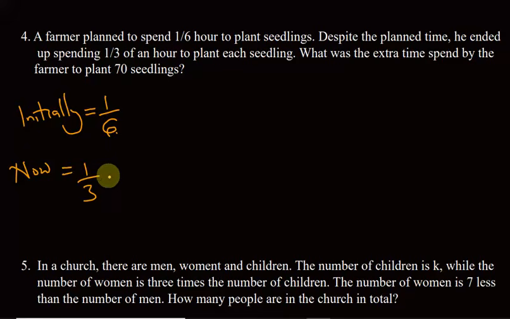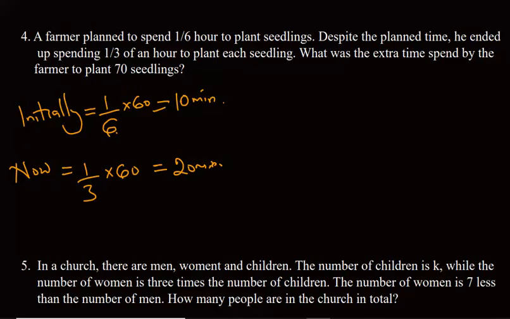Which is bigger between these two? If you want to know which is bigger, you multiply by 60 minutes each. A sixth times 60 is 10 minutes. Then here a third times 60, this is just 20 minutes. In short, the farmer wanted to use a sixth, which is 10 minutes.